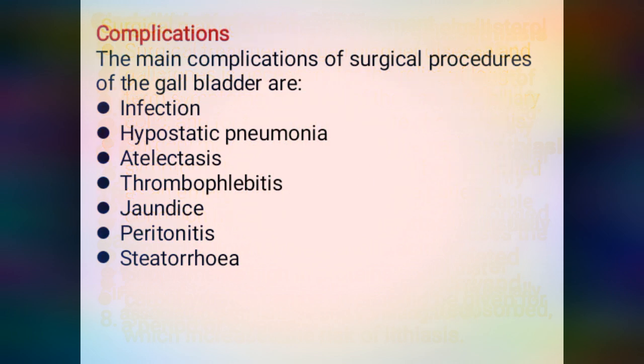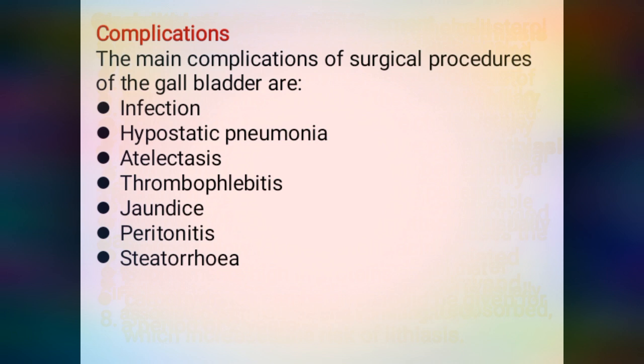What are some possible complications that we can see in a person who has gallbladder stones? First one is infection. Infection can result because these stones can cause obstruction of the biliary system. Due to stasis and inflammation over a long period of time, it may result in infection.